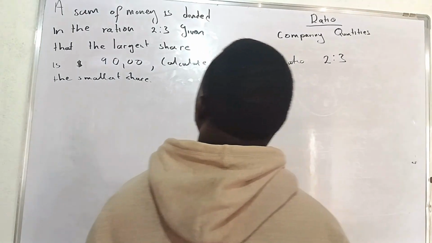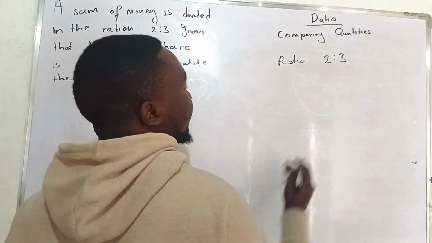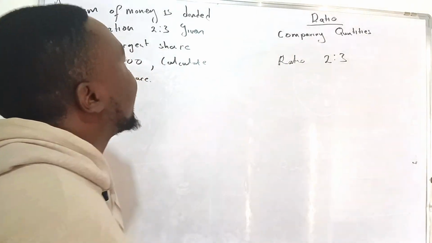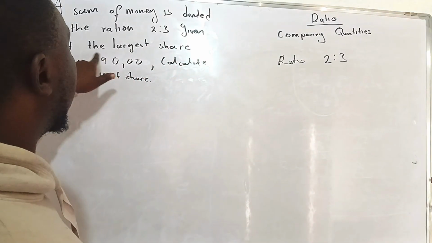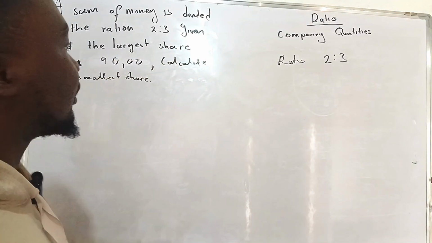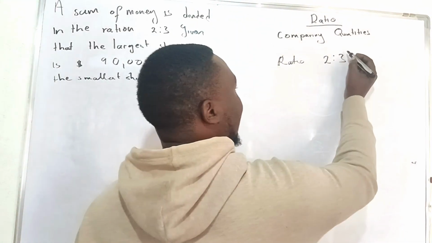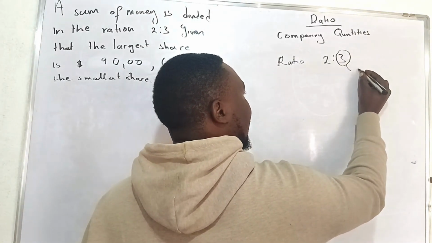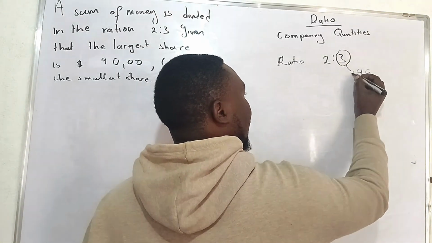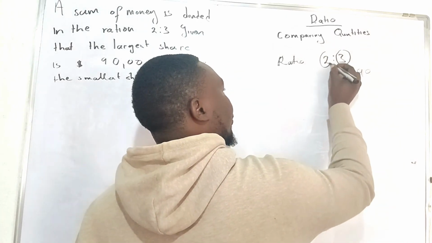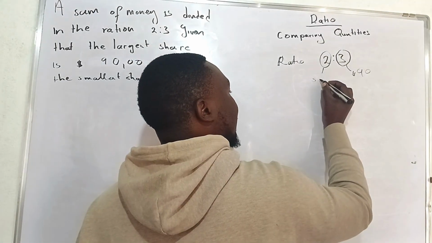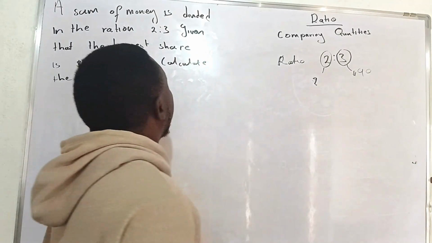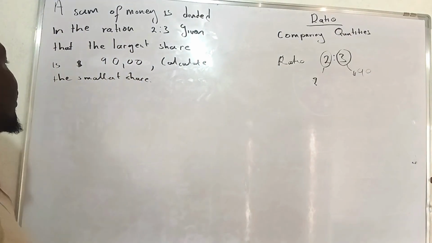From the ratio, you can deduce something. Given that the largest share is $90, so 3 is the largest share since it's bigger than 2. So the largest share here is $90. And 2 represents the smallest share.